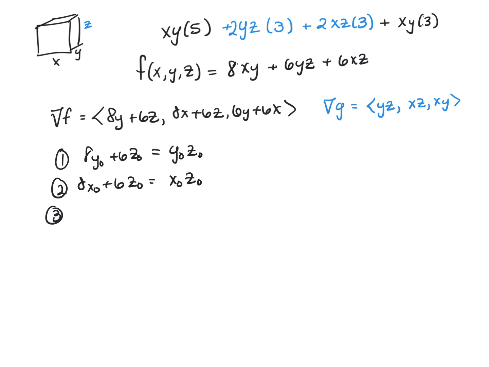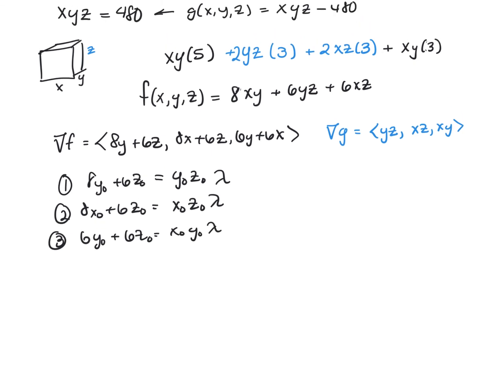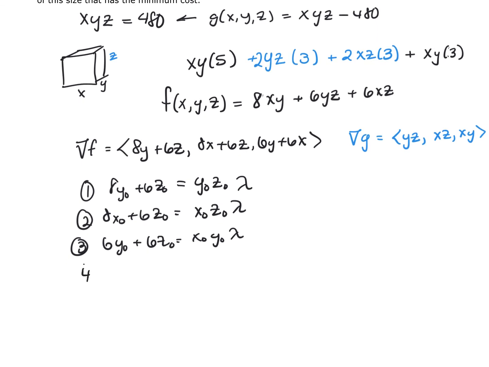My third one is 6y naught plus 6x naught, don't forget your lambdas, has to equal lambda x naught y naught. And then my fourth equation is x naught y naught z naught has to equal 480. 4 equations, 4 unknowns. You're going to solve however you like to solve.